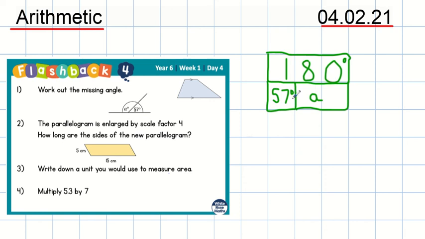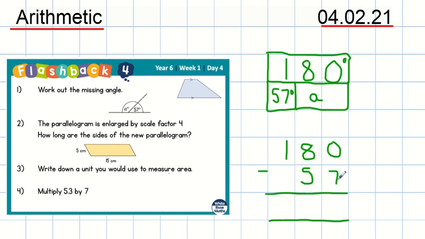Brilliant. We know that if I was to add something, add 57 would equal 180. So I need to use the inverse of addition, which is subtraction, to find the missing amount. Some of you may feel confident enough to do that as a mental method. Others of you may want to use a jotting.